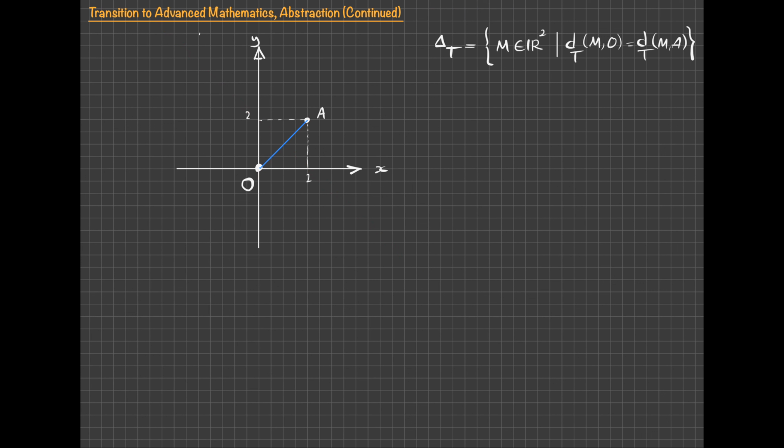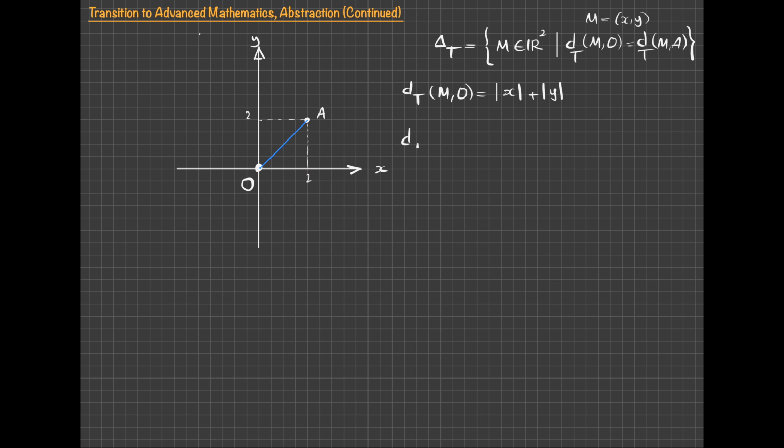Okay, so let me write the taxicab distance from m to o. Again, as before, I will call m a typical point x and y. So this becomes the difference between x coordinates. Again, this will give me the same result. It doesn't matter.